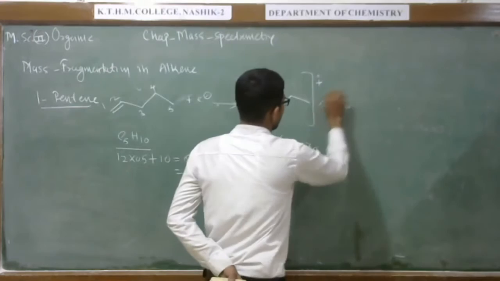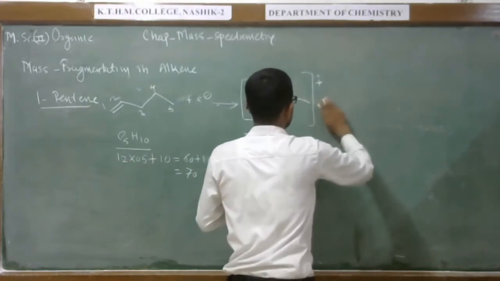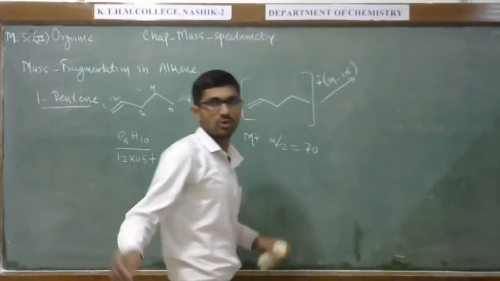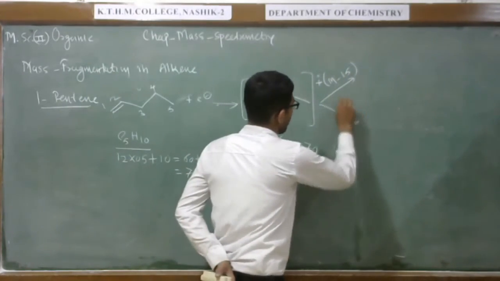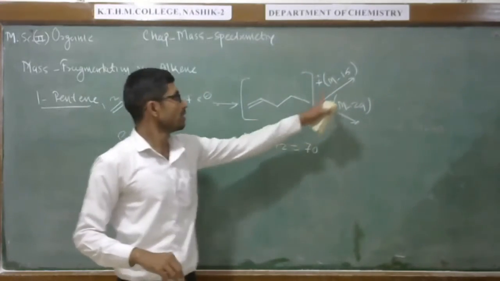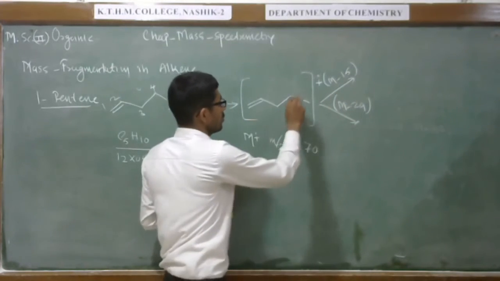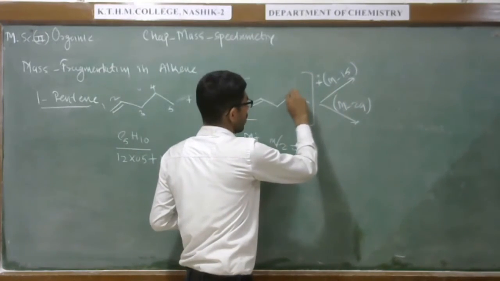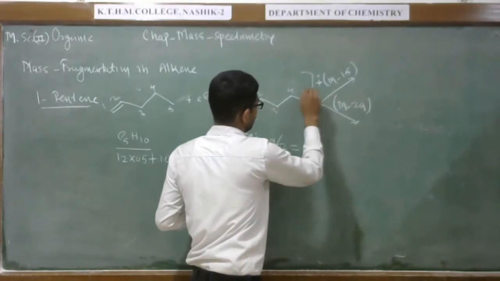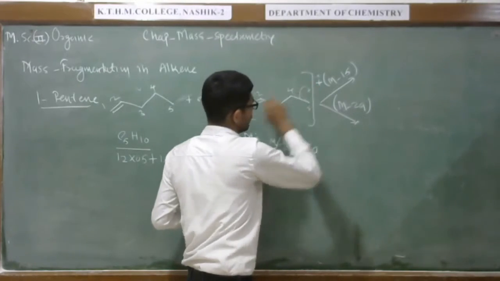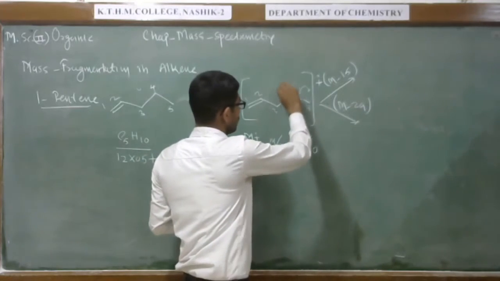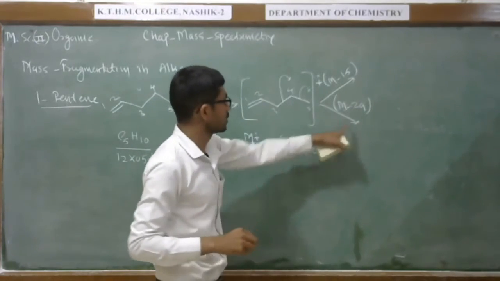After this, we can observe the first peak because of loss of a methyl group. Then loss of an ethyl group. Methyl group, ethyl group: when this group is lost as a radical, we get the first peak, and after loss of this group we get this peak.